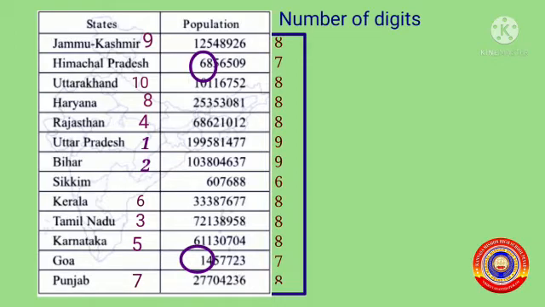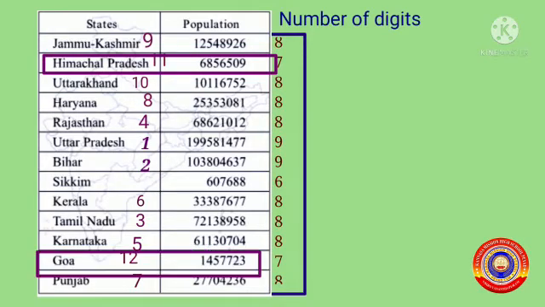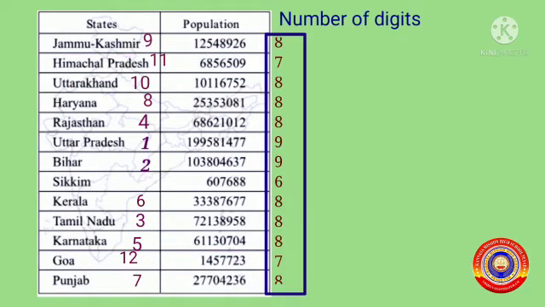The highest among them is Himachal Pradesh, having a population of 68 lakh 56,509, and it is in the 11th place. And Goa is in the 12th place with a population of 14 lakh 57,723.